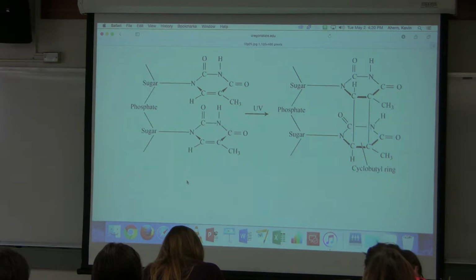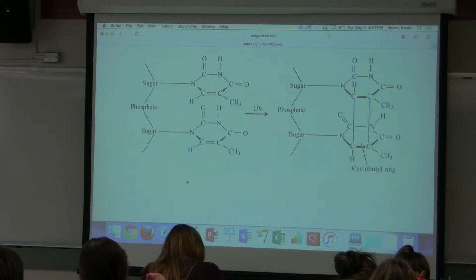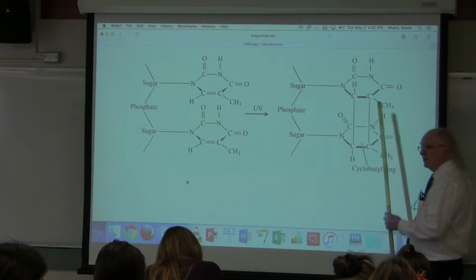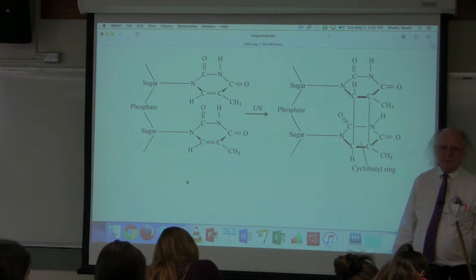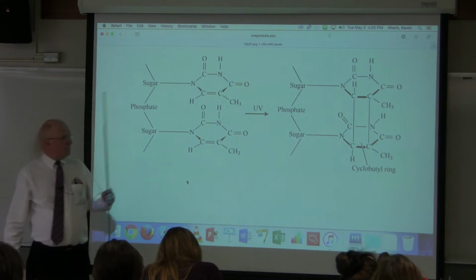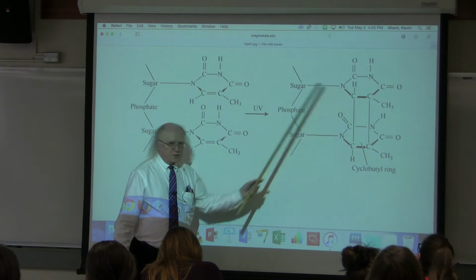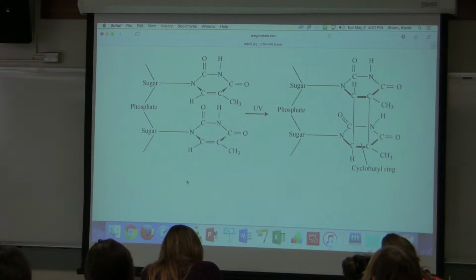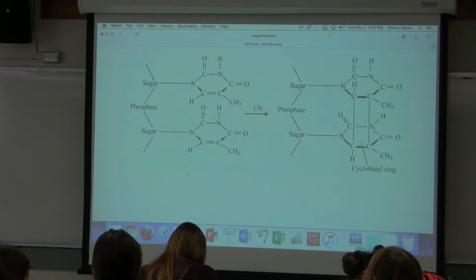It causes the DNA to bulge. And bulges are problematic because DNA polymerases are really good at reading a regular structure of DNA. A bulge confuses the polymerase. Because of this, the thymine dimers are what we call mutagenic. They favor the formation of mutations.